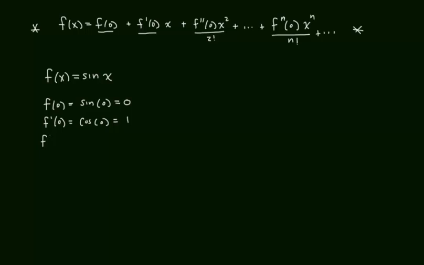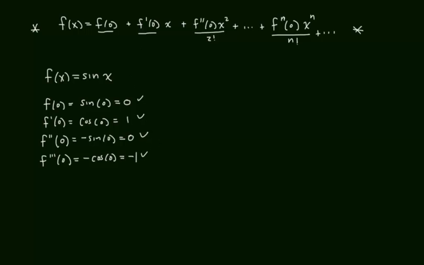I'll take a look as I raw construct the second derivative at 0 of our function, and that's going to be negative sine of 0, which is also 0. And then I'll look at the third derivative, and that's going to come out to be negative cosine of 0, which is negative 1. Now, I hope you see that if I took the fourth derivative, I'm back to here, and then the fifth, and then the sixth, and then the seventh, and it keeps repeating in this pattern.